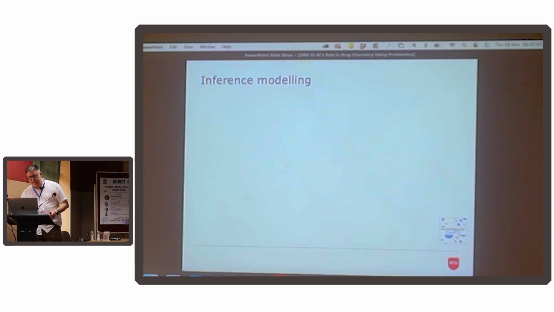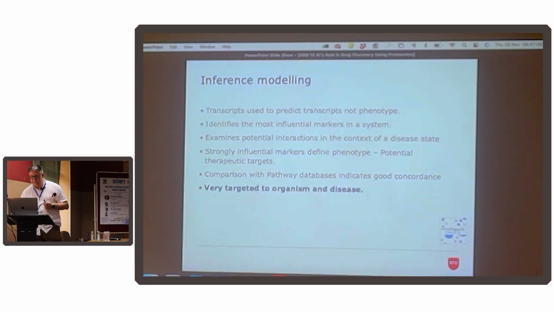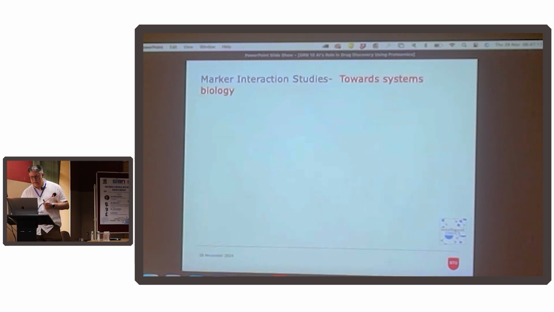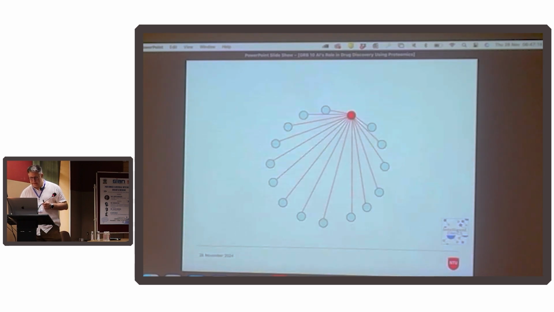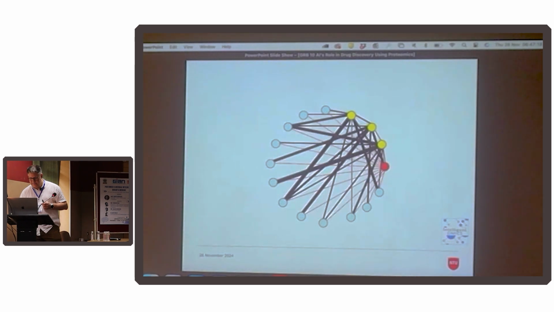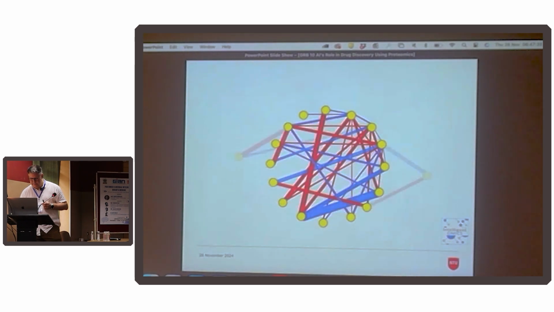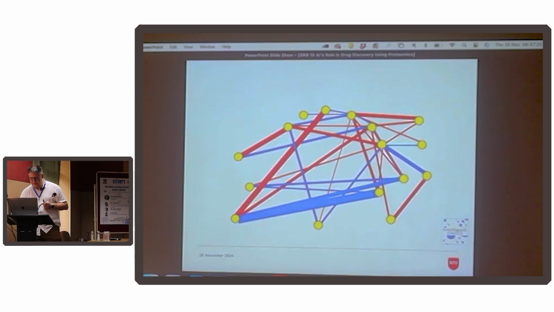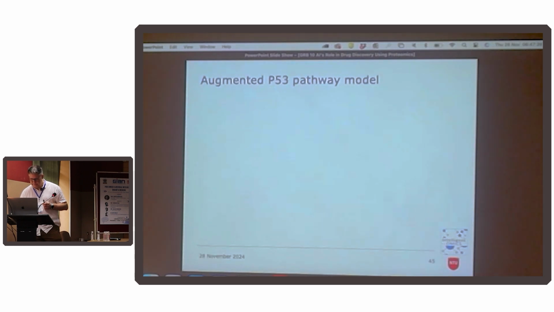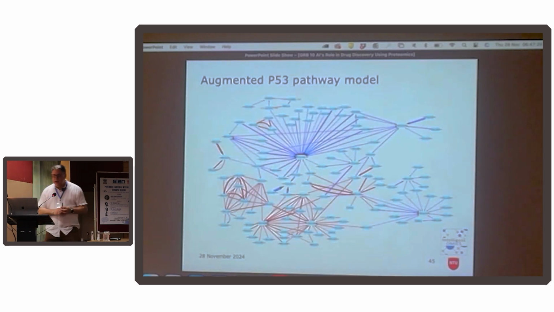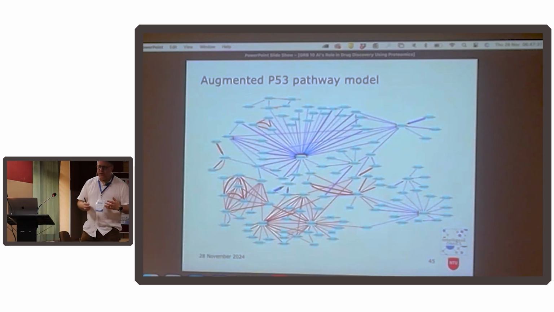So what we then did is used inference modeling. And I've already talked about this, but the same process is applied. And what we get to, like we did before, but now slightly differently, is an augmented p53 pathway.